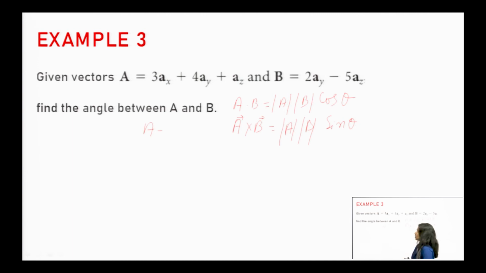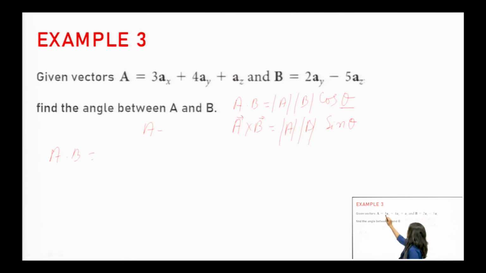So as the cross product is a little bit difficult as compared to dot product, we will go for dot product. So let us perform the dot product of vector a and b. It will be a dot b equal to 3 multiplied by 2, 3 multiplied by anyone else will give 0, because we know that here is cos theta, and cos 90 degree is equal to 0.